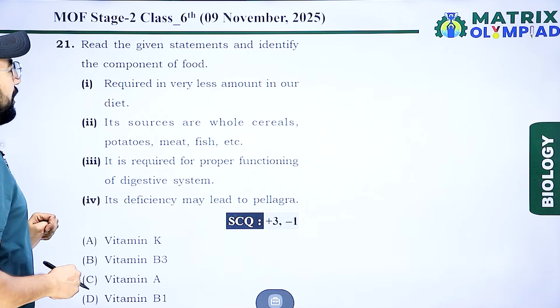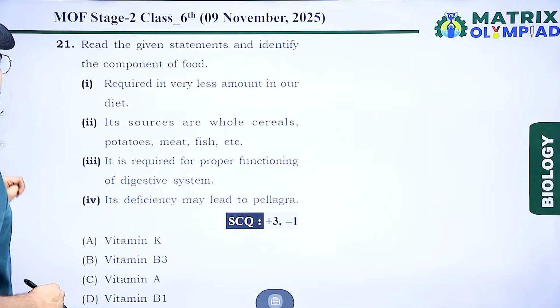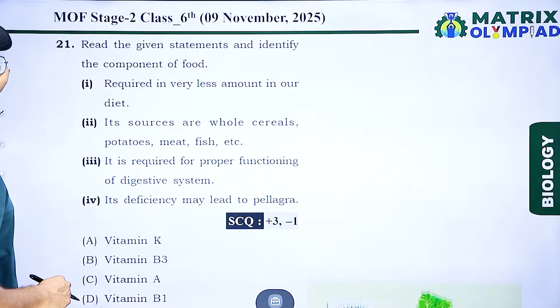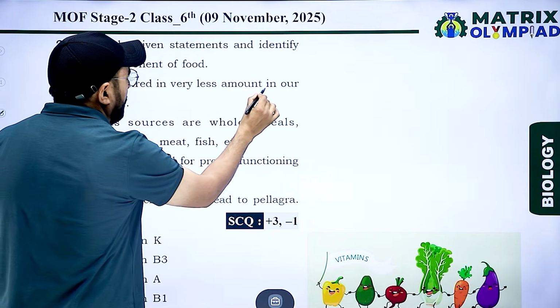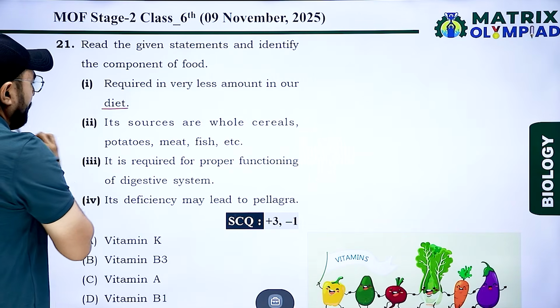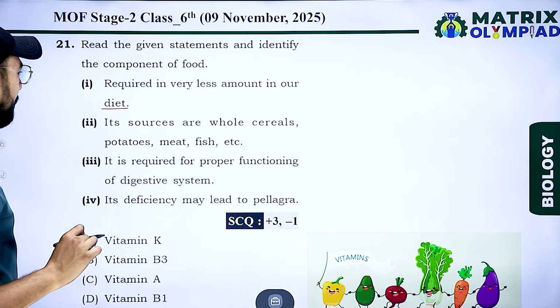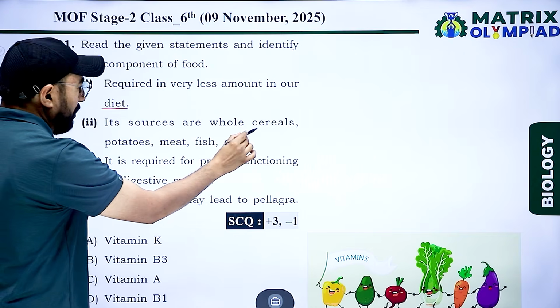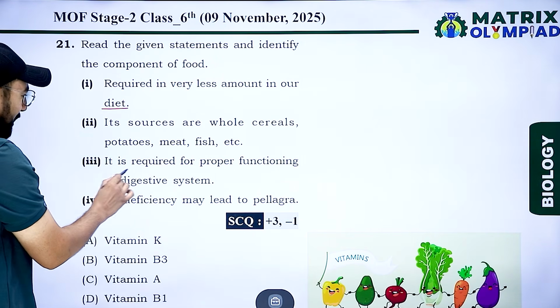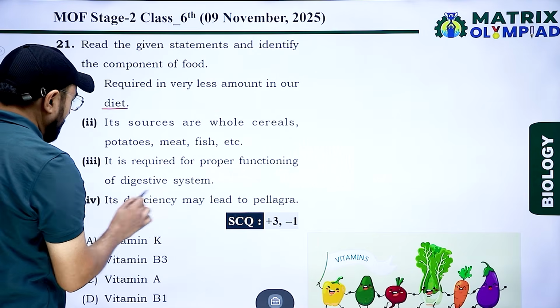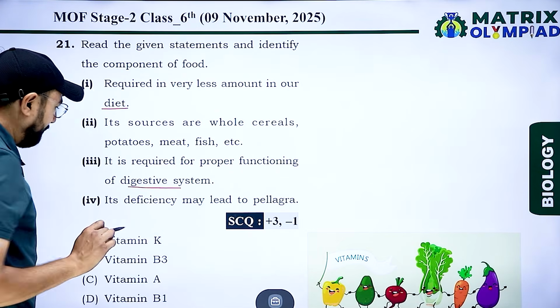Read the given statement and identify the component of food. First, it is required in very small amounts in our diet. Its sources are cereals, potato, meat and fish. It is required for proper functioning of the digestive system.